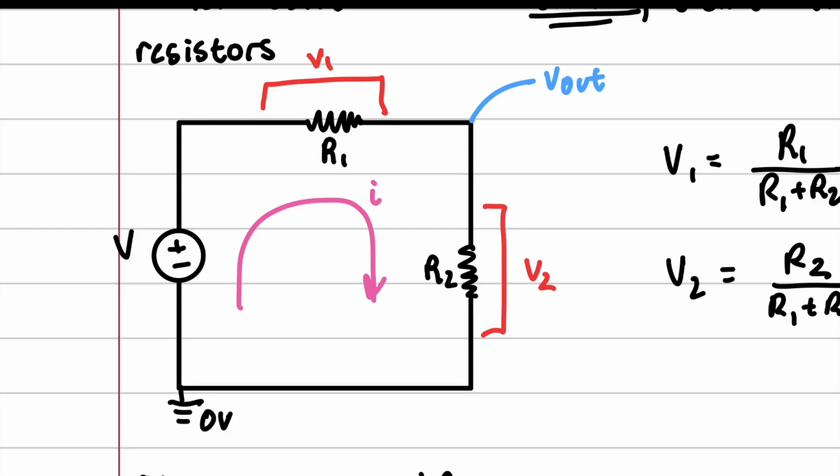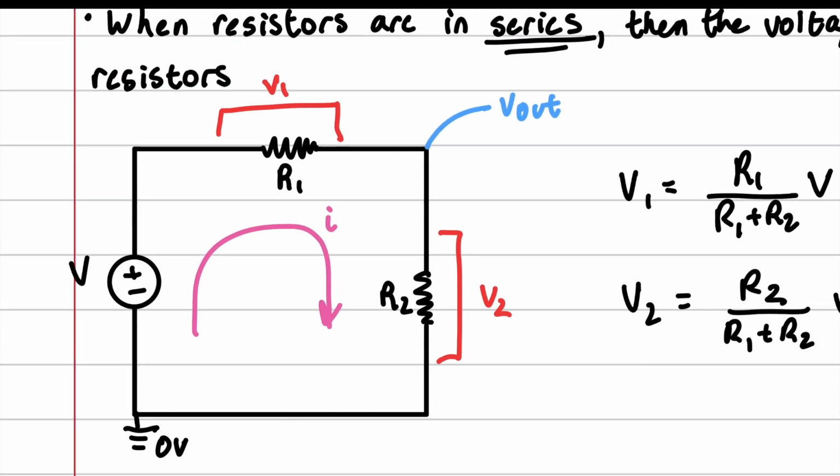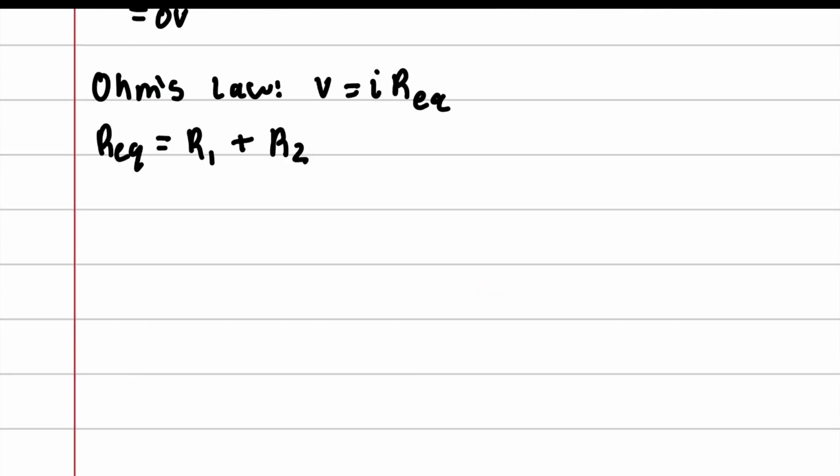We can say that R equivalent is equal to R1 plus R2, as per the series configuration. So the current accordingly is going to be big V over R equivalent, or V over R1 plus R2.